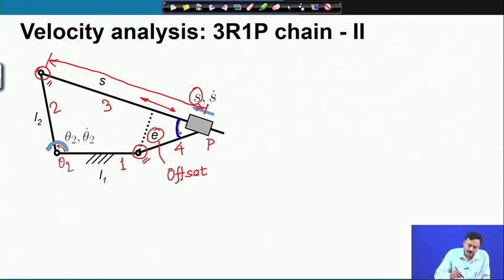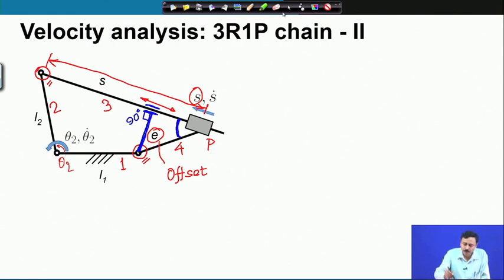Therefore, I can always shift this prismatic pair here so that this angle is 90 degrees. The length of link 4, then, becomes exactly E. This simplifies the analysis substantially, as we will see.